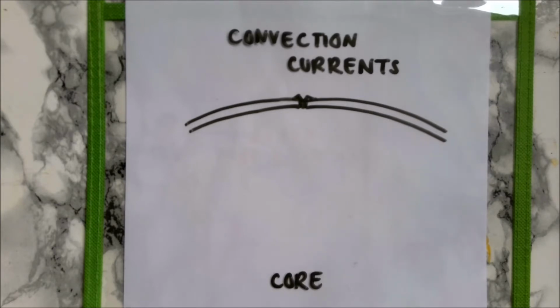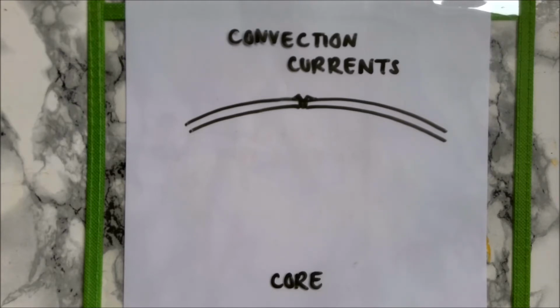I'll talk about why I said mostly in a second, because we have obviously simplified that down at GCSE and you need to understand it's not quite as easy as that now, but it is essentially a liquid. It can move around and essentially share that energy from the core across the entire span of the mantle, which remember is half of the planet's mass, so it's a big region.